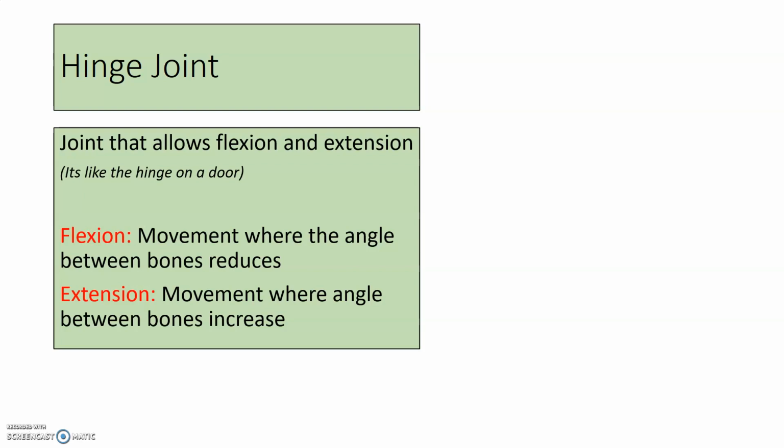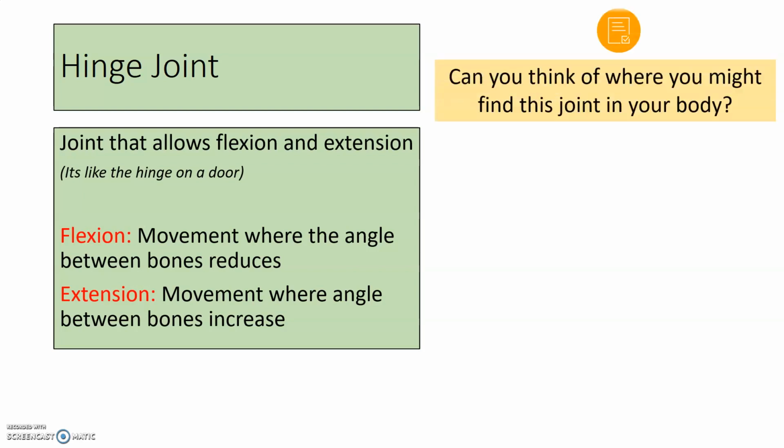So that's the flexion phase. If we keep on going, we should get to around a 45-degree angle. And when we extend all the way and straighten out our arm to the side of us, that is roughly a 180-degree angle.